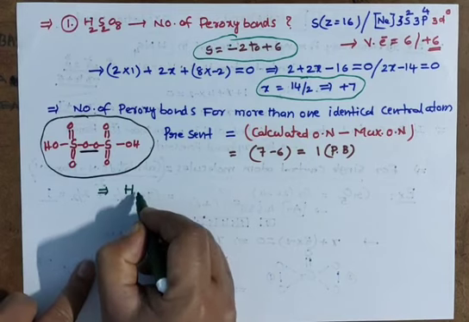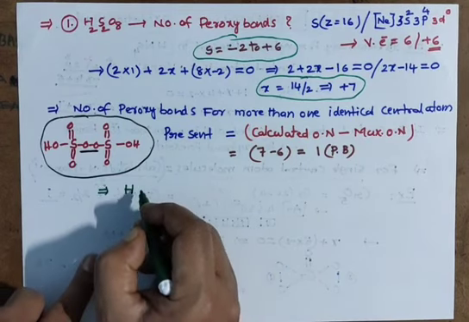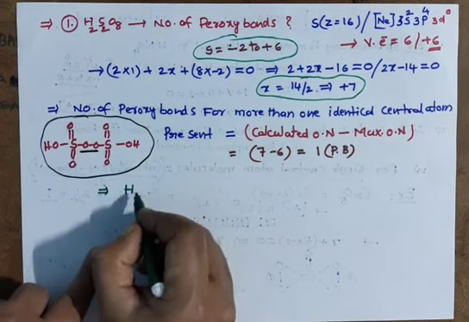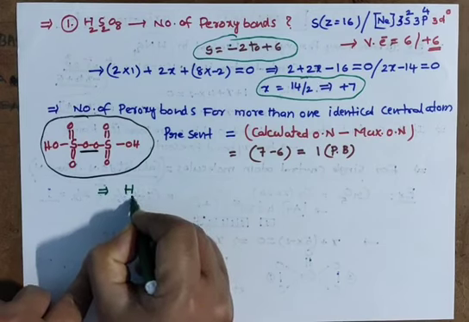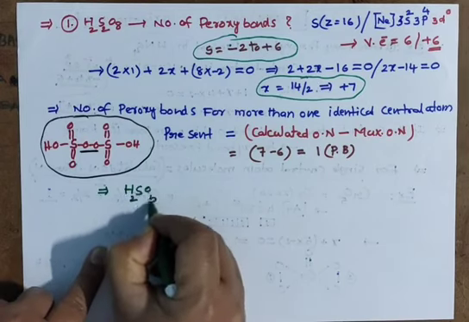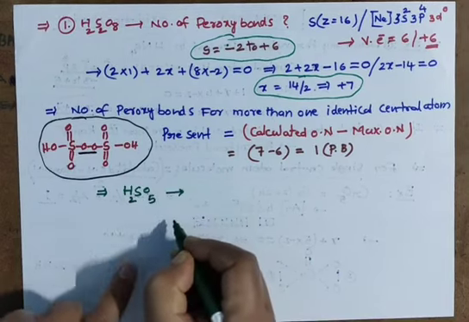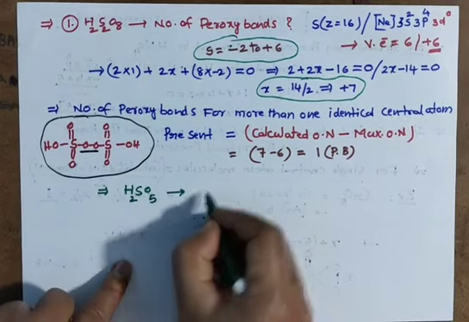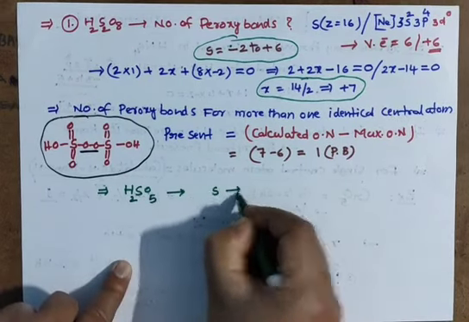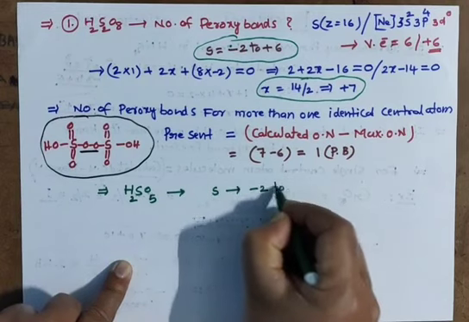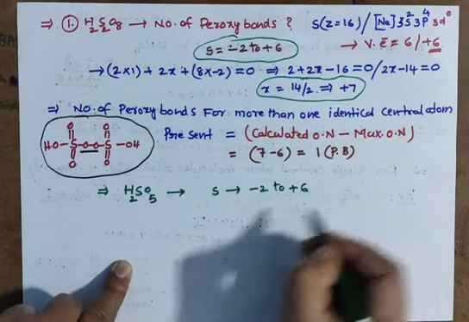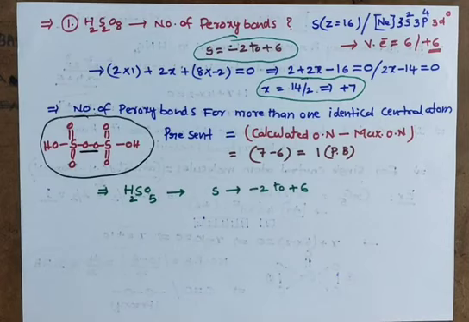H2SO5. So the sulfur range here is -2 to +6. Now you calculate here how much you are getting.